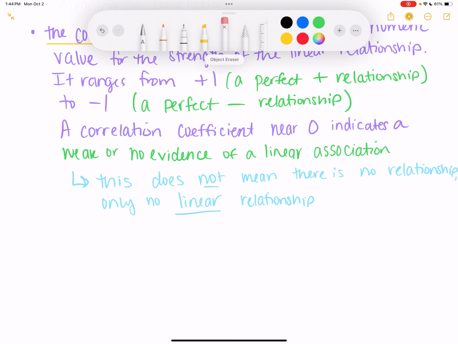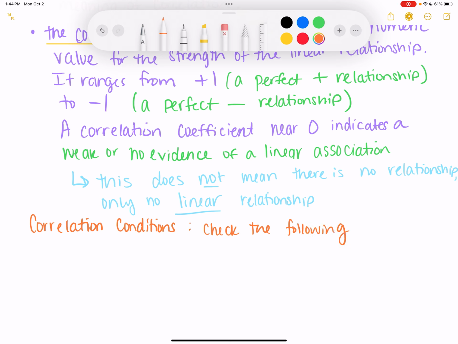So we have some correlation conditions. Check the following. So first and foremost, we've got to have quantitative variables. So can't be categorical. 2, it's got to be a straight enough scatter plot.